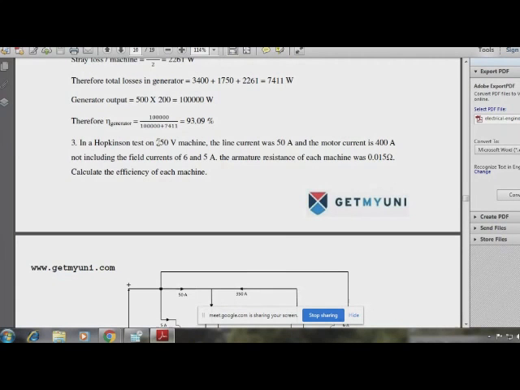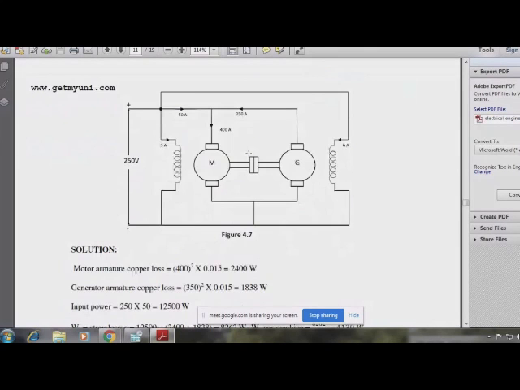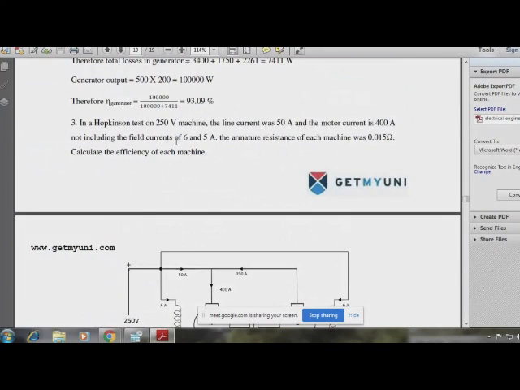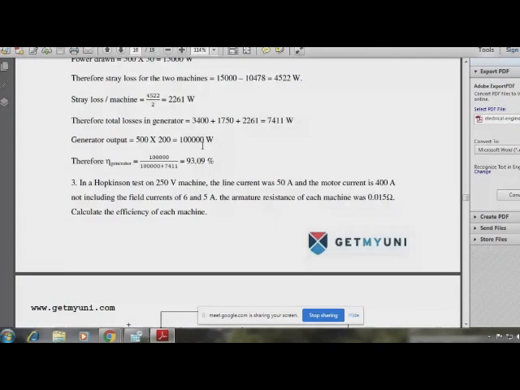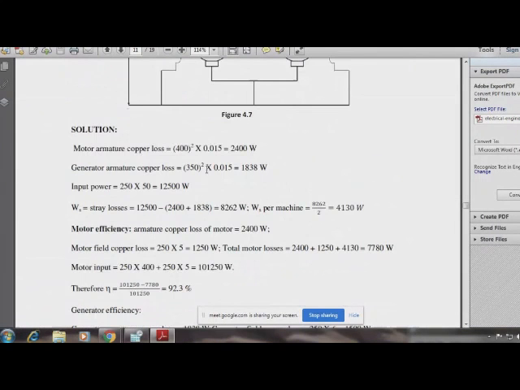Over. Yes, sir. Again, this is very similar to the last one. Can you complete this later? But you have to find efficiency of both the machines now. In the last problem, we found for generator. Now you have to do for motor also. Okay?